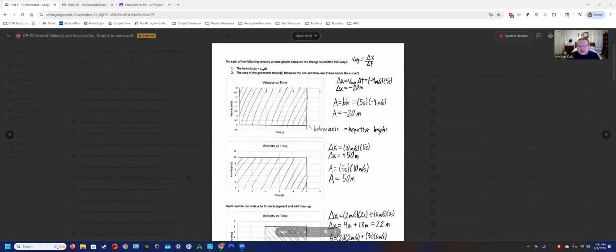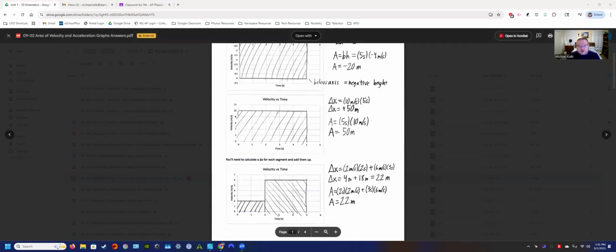And if we draw a line up to the time axis at v equals 0, we've enclosed a rectangle. The area of that rectangle would be 5 seconds, the base, times its height, which is negative because it's below the axis, -4 meters per second, which also gives us -20 meters.